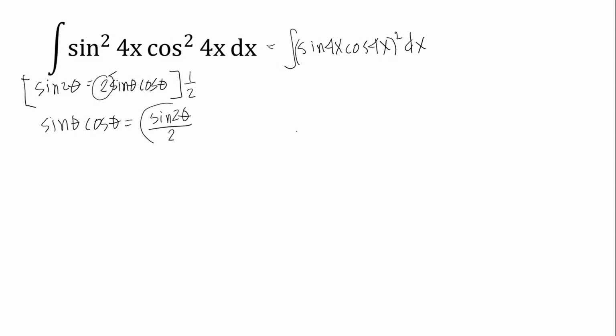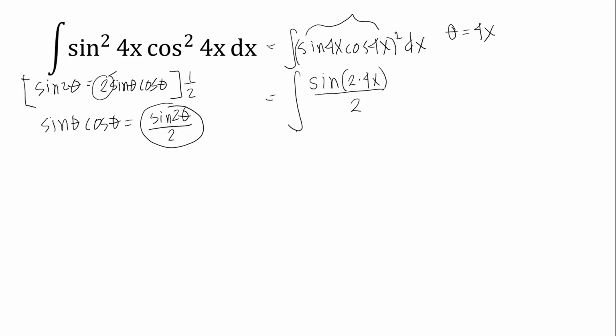So we can now use this equation as the value of this function. Okay, so we can rewrite this, but in this case, we can actually say that theta is equal to 4x, right? So we can say the integration of sine, when we have 2 times 4x over 2. But take note, the function is raised to 2 in the original function.